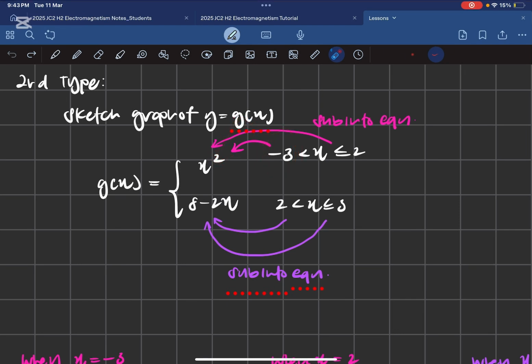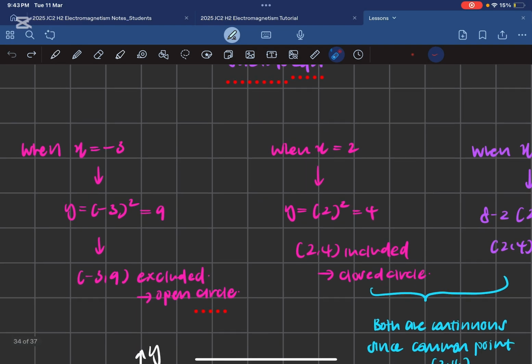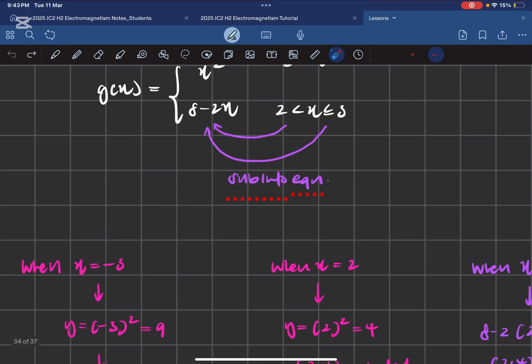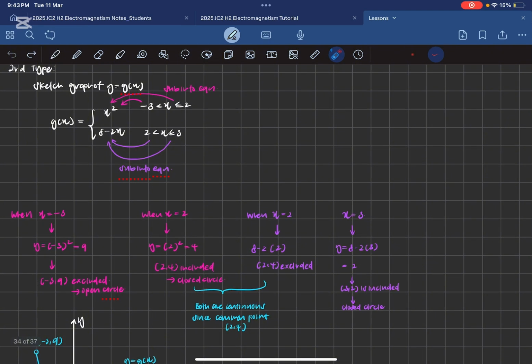Next one. You've got your modulus function here. When you put modulus, whatever is inside, a negative number will become positive. It's not going to become positive, but it gives you a positive value.